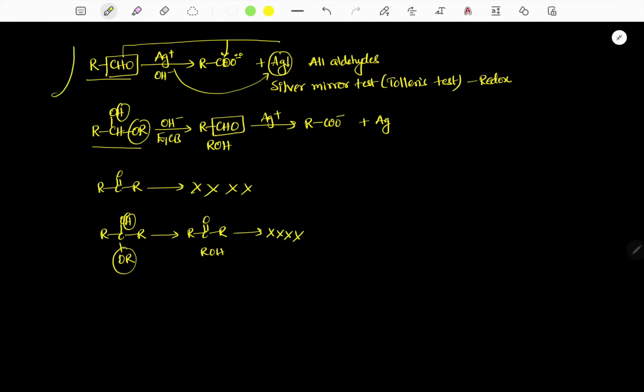So aldehyde and hemiacetal respond positively to the Tollens test, and ketones and hemiketals do not respond positively, they respond negatively.